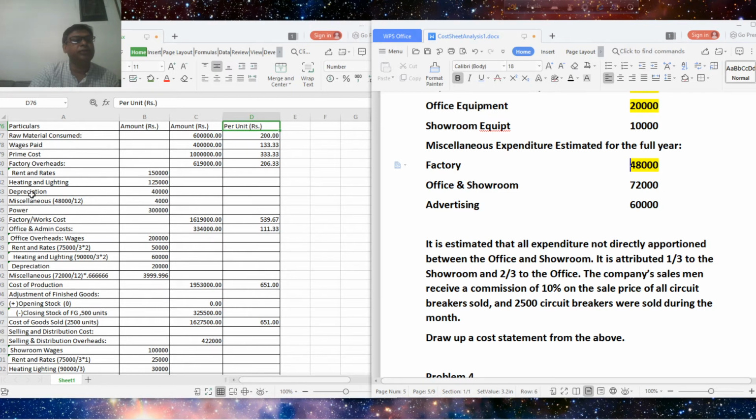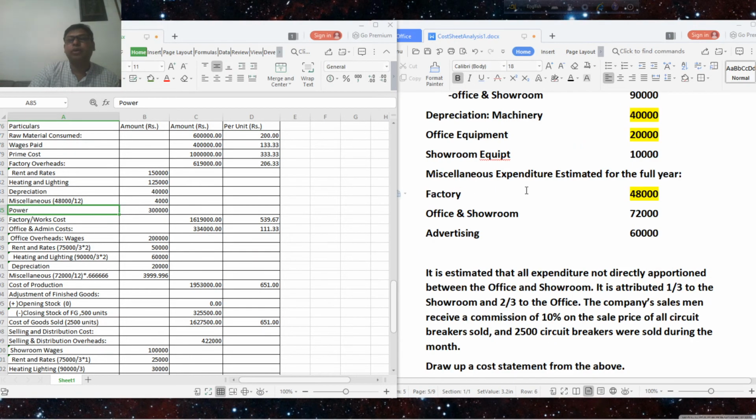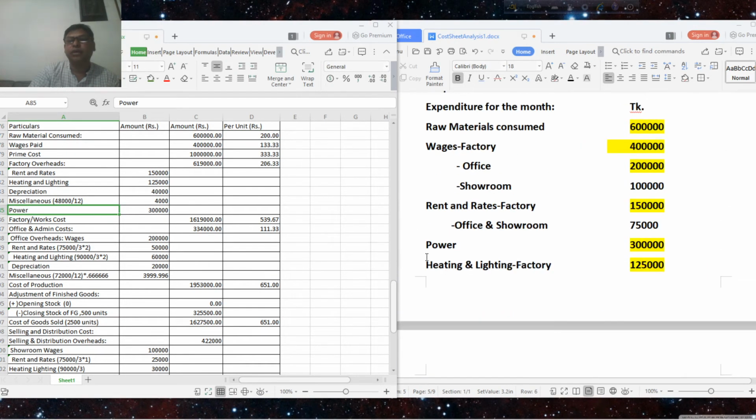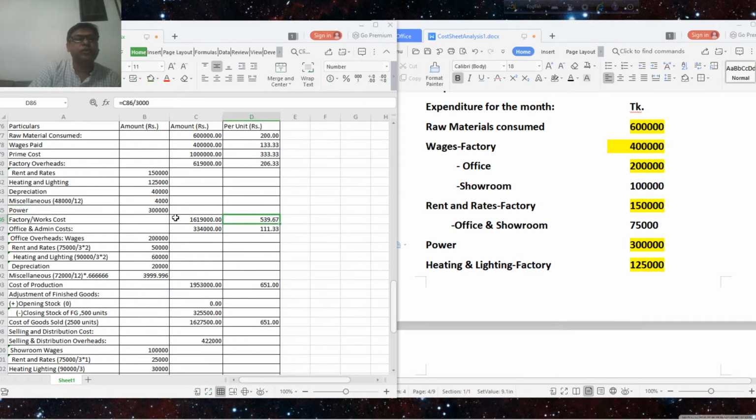So we can find out that the factory miscellaneous is 4,000 taka. And power is given here as above, 3 lakh taka. All this comprises the factory overheads and finally the factory or works cost. And when we divide it by 3,000, we will find out the per unit factory cost.